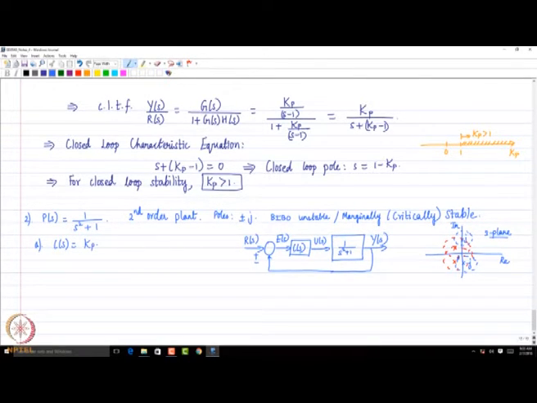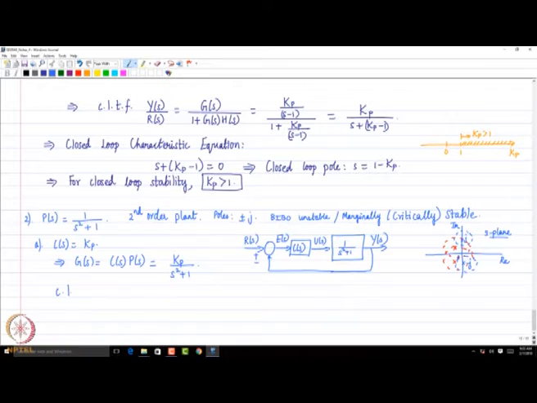Kp. So this implies that G of S is going to be equal to C of S times P of S, and that's going to be equal to Kp divided by S squared plus 1.